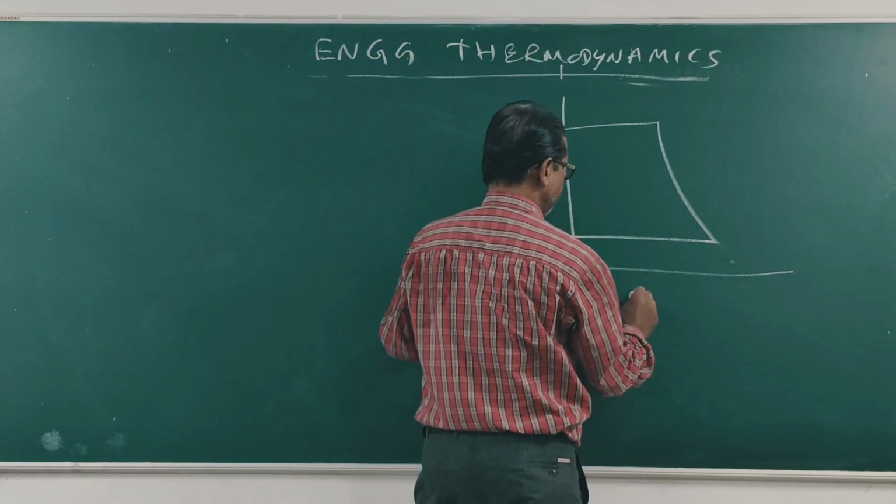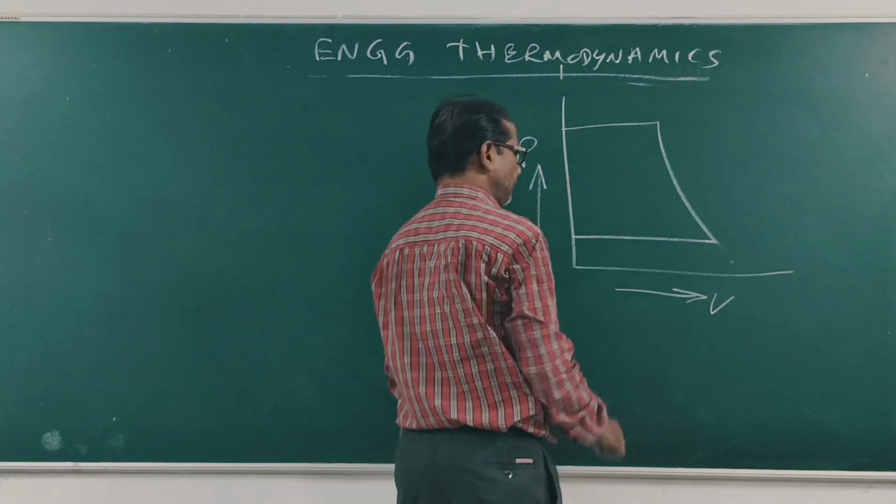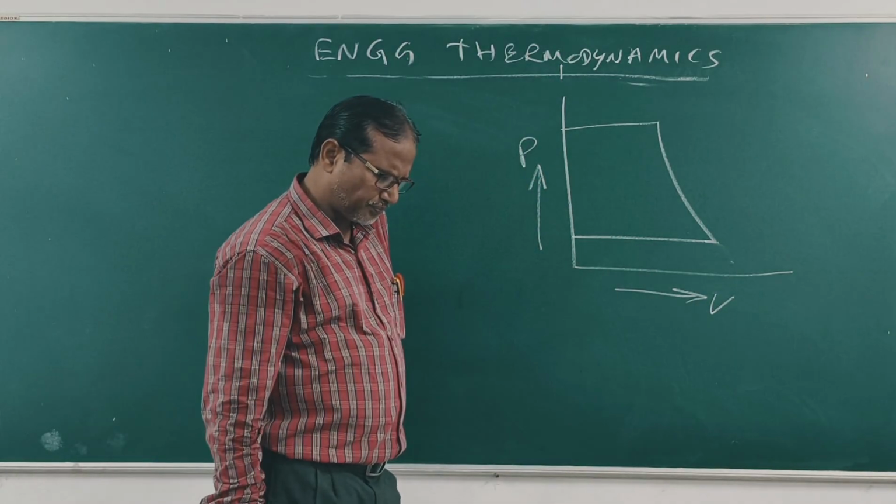Now, this is PV diagram, volume V, pressure P. Clear?